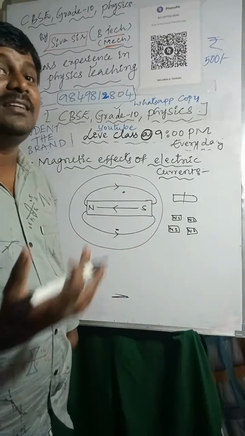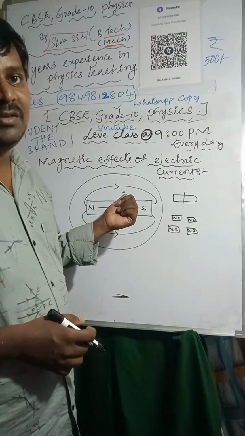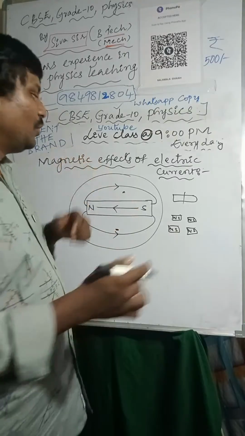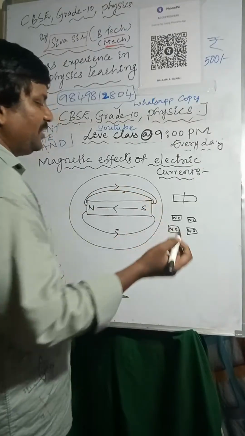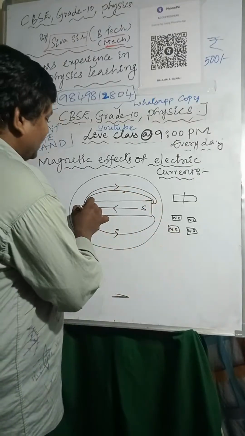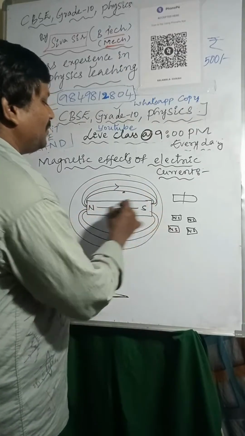How can I find the direction of the magnetic field at this point? Anyone can tell? We know the magnetic field will be in the form of field lines.